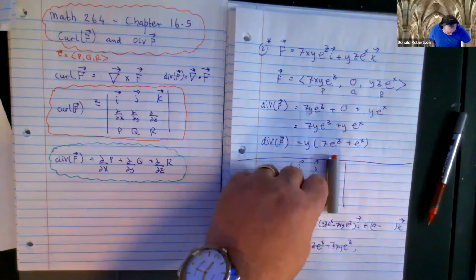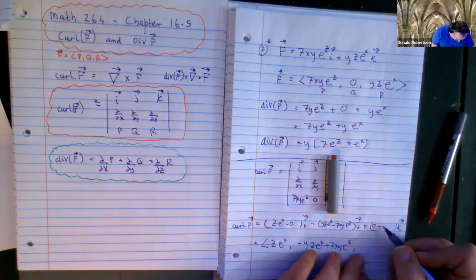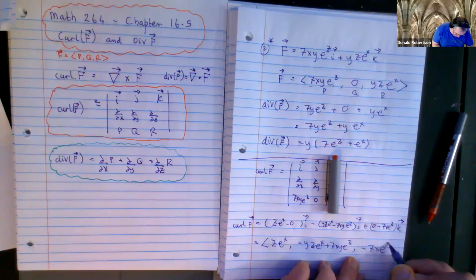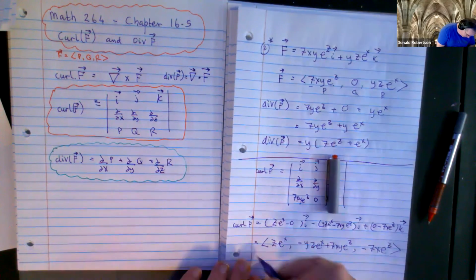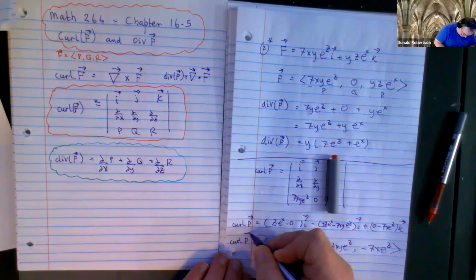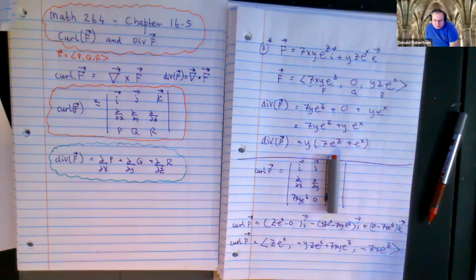Take away, if you differentiate this fella with respect to y, you get 7x e to the z. And nothing very interesting about it. It was actually a little bit longer than I thought it was going to be, but that's fine.